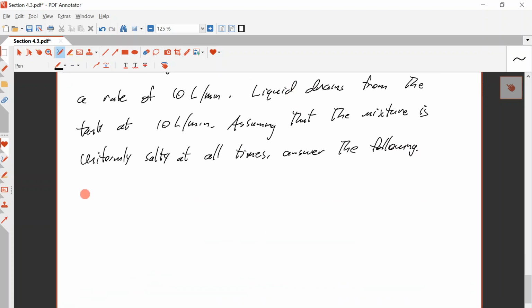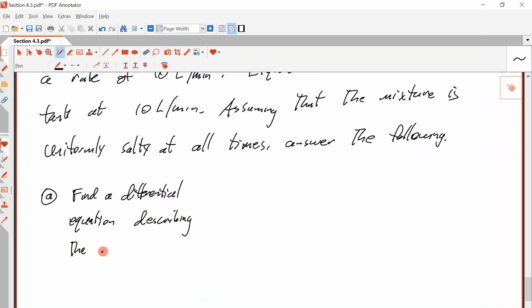A. Find a differential equation describing the rate of change of salt in the tank at t minutes.